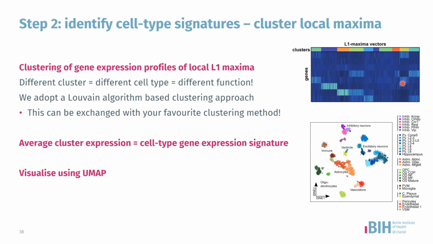Once we have these signatures, we can also visualize them using a UMAP, and it's very difficult to tell that this is an unsupervised UMAP of cell type expression from a spatial image without segmentation at all. So we were very confident that this is working correctly.